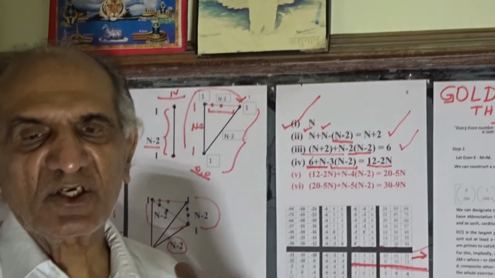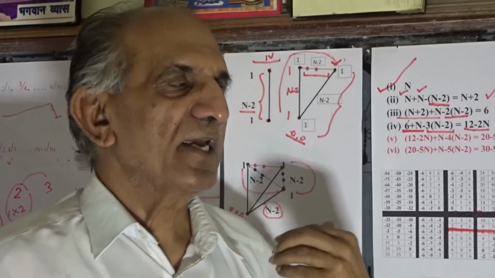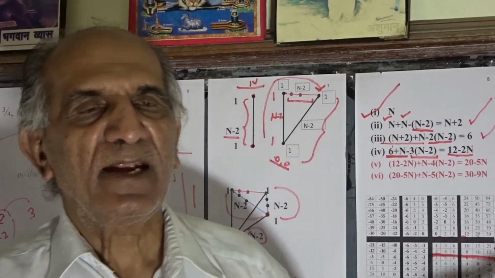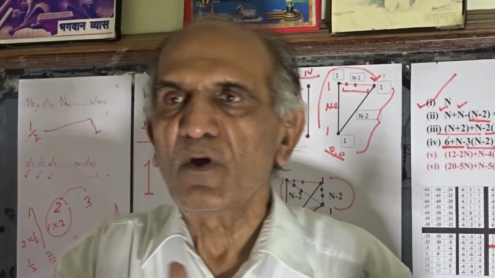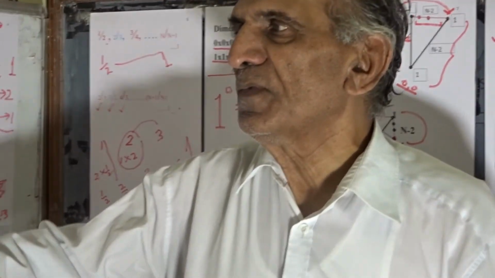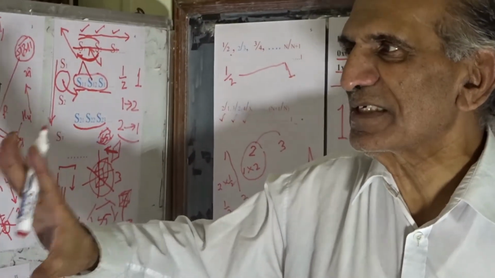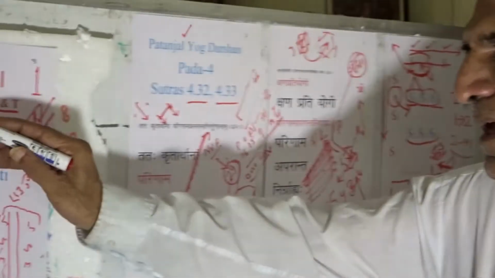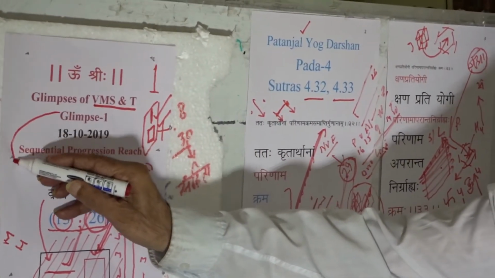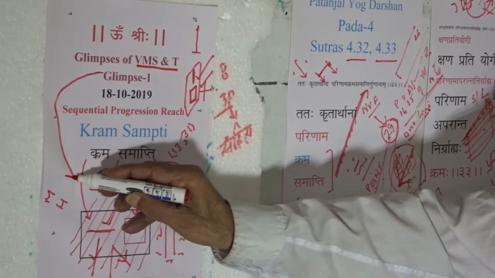In the next session, we will take up this proof, and with it we will have Glimpse-1. The first glimpse is going to be of the reach of the Kram Sampti.